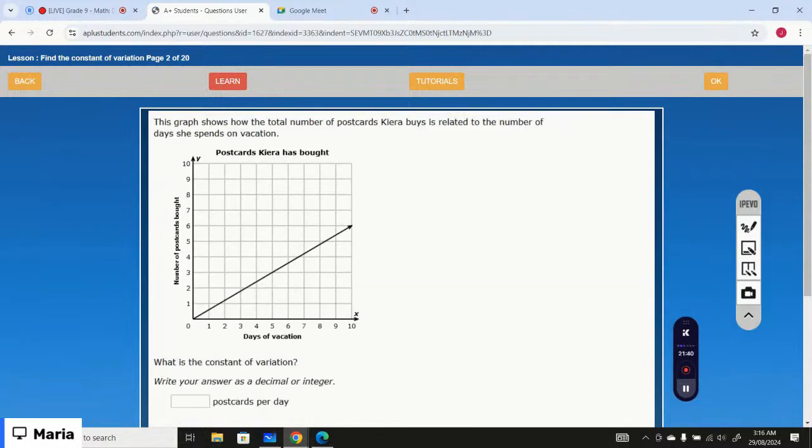The question is, this graph shows how the total number of postcards Kira buys is related to the number of days she spent on vacation. What is the constant of variation? So which is the correct option?